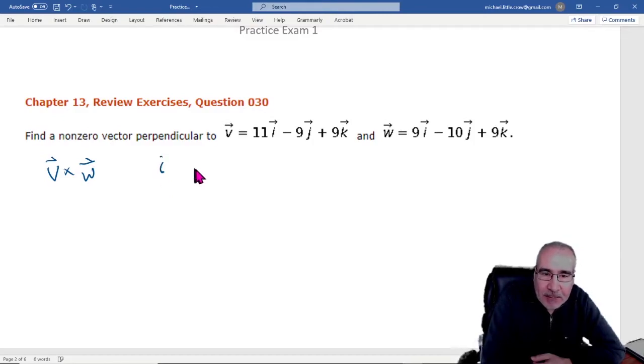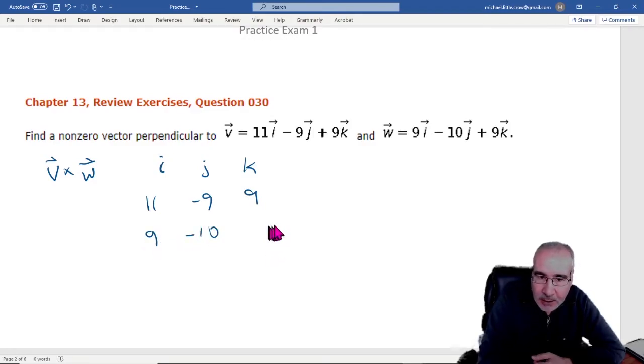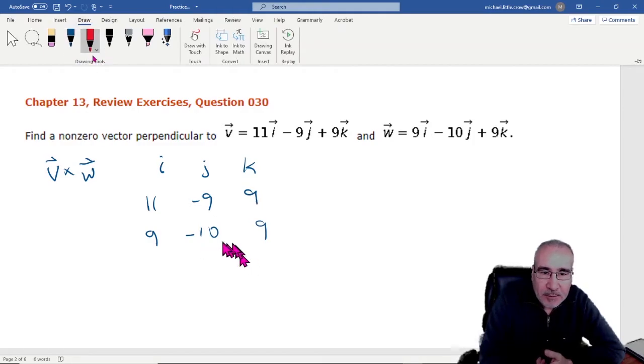We get the i, the j, and the k components. 11 minus 9, positive 9. Positive 9 minus 10, and positive 9. Okay, so remember, in getting the cross product, the i component is going to be the cross product of the j and the k components.